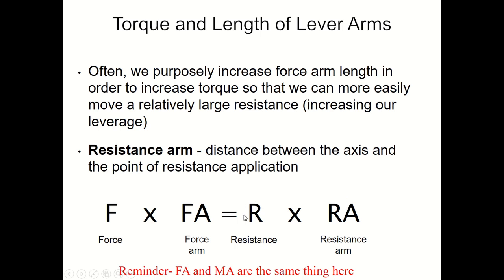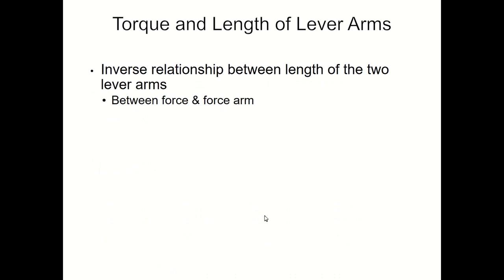Because we know the resistance arm, the distance, and if we know how much resistance there is, maybe a 10-pound weight, we therefore can know how much force we have to apply in order to overcome it.